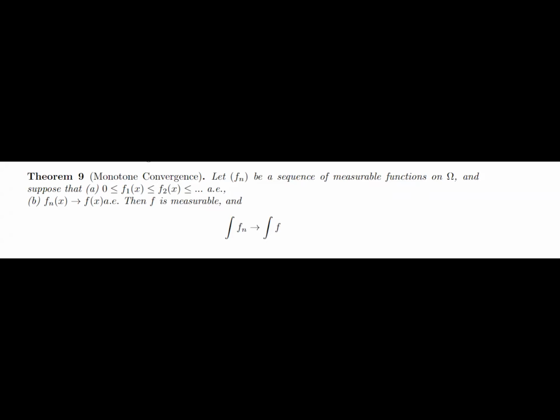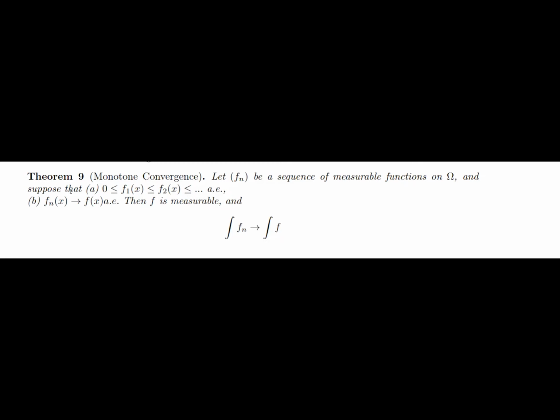You can have a look at it, and actually you know it from the previous years of your math courses. Next, you assume that the sequence of functions is increasing, meaning f_n(x) is less than or equal to f_{n+1}(x) for almost all x in omega, where a.e. stands for almost everywhere.